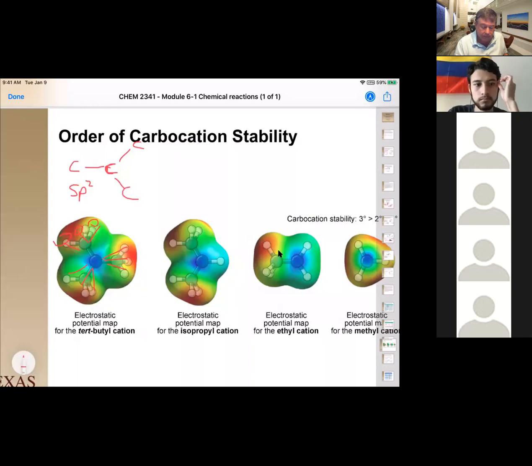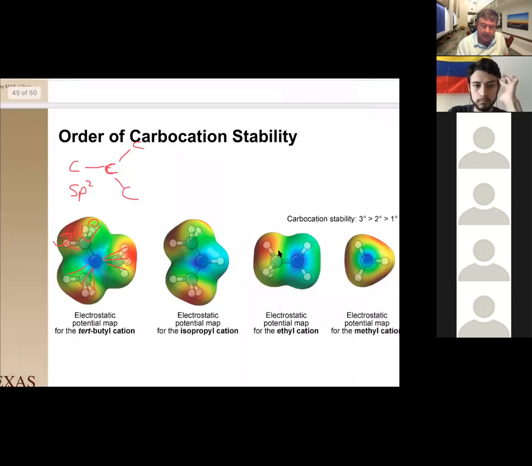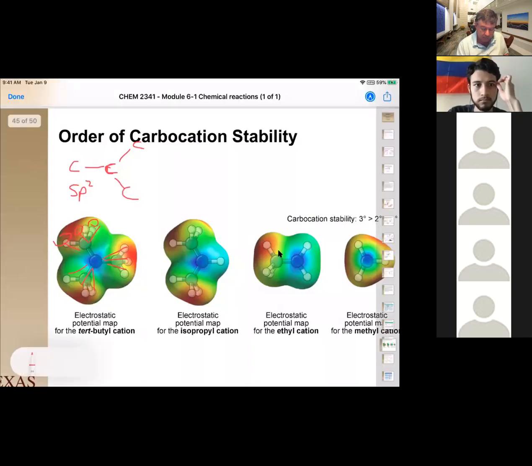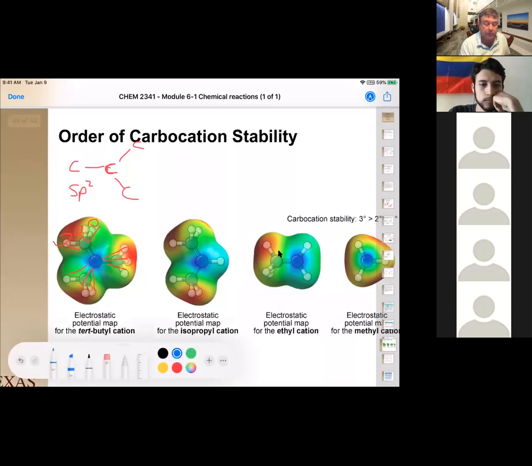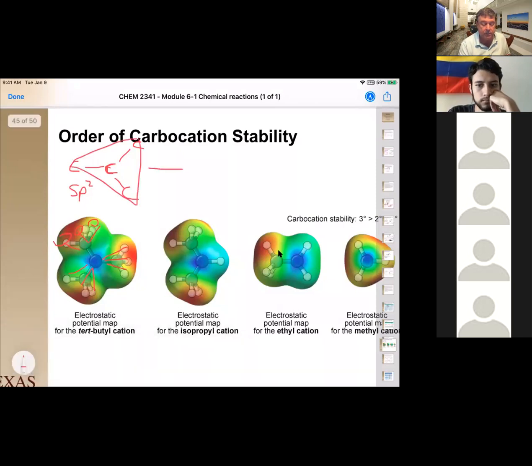Well, it turns out that p orbital is above and below that plane made by the sp2. Remember, sp2 is 120 degrees apart, and it's trigonal planar, so it's flat, right? So where's the p? The p is above and below that plane. And so this p orbital is empty and therefore has a positive charge on it.